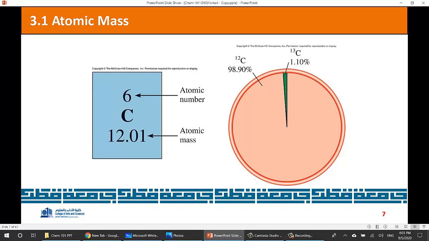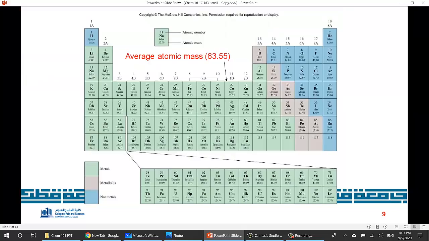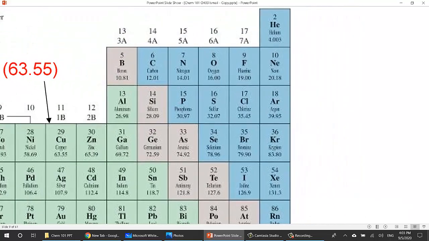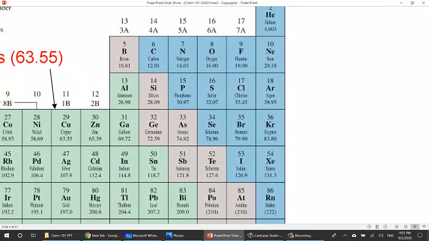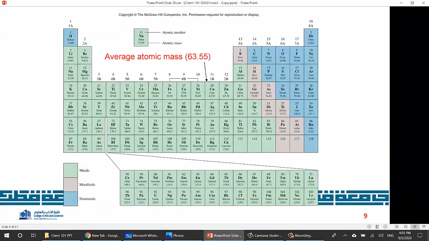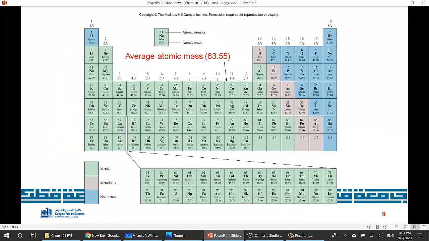Carbon 13 is 1.1%. When we do the calculations, we obtain this number, 12.01, which is the average atomic mass for carbon. Everything you see in the periodic table, let's say Cl with an atomic mass of 35.45, is the average atomic mass between different Cl atoms.